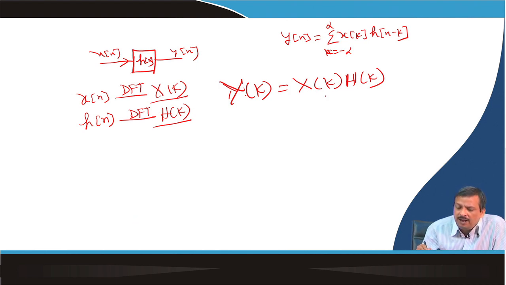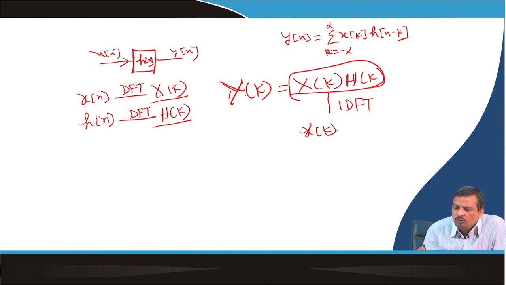Then, the IDFT of this product is equivalent to x of n circularly convolved with h of n.